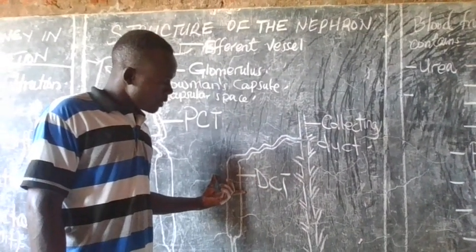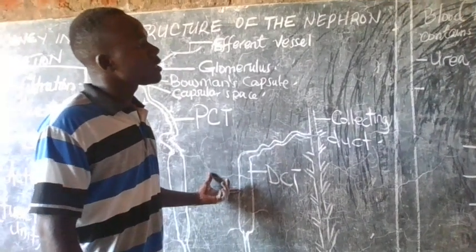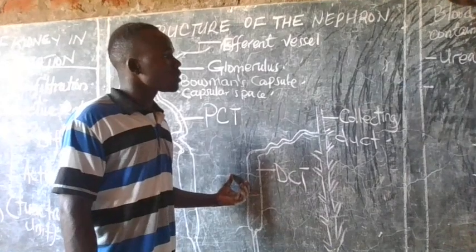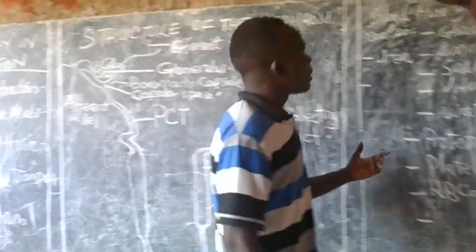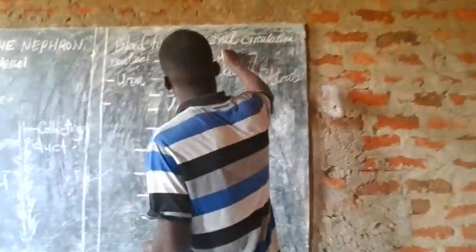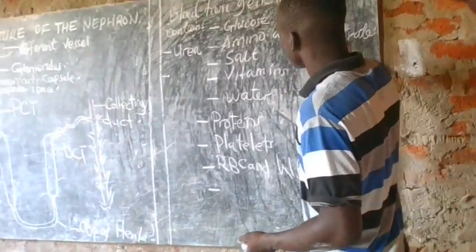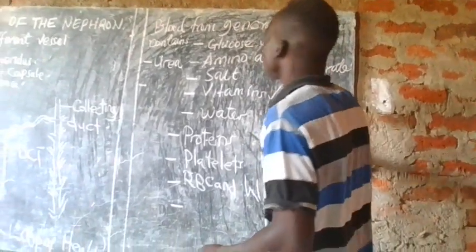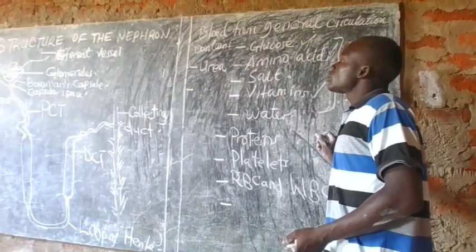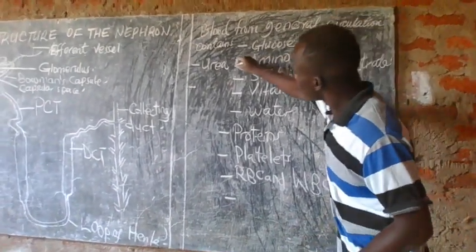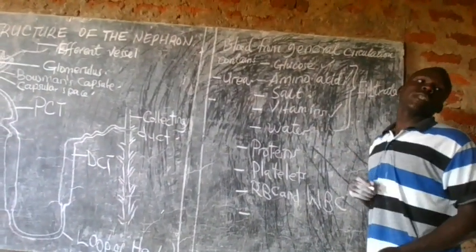After removing amino acids and all glucose, which have already gone from the PCT, and vitamins, which have gone, we are going to remain with some salt, urea, and some water.